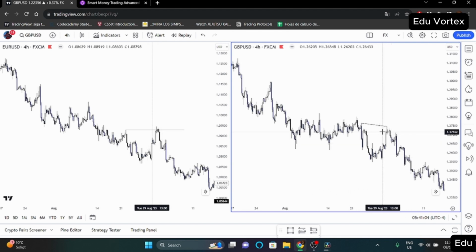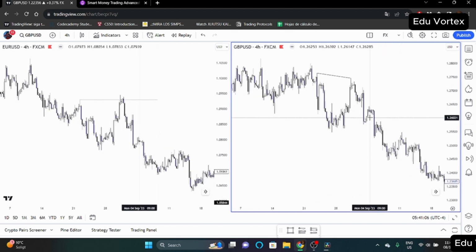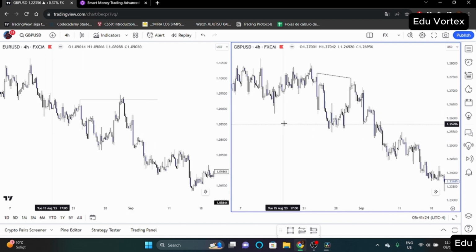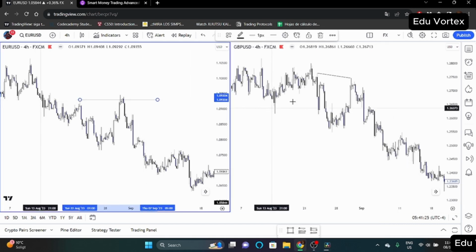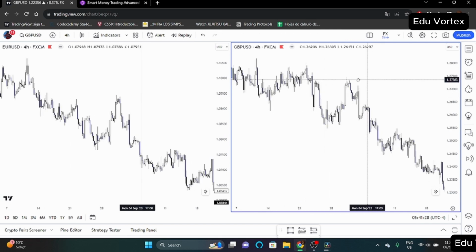Okay, so GBP is now our leading pair, and our sick pair is Euro. So we're looking for shorts on GBP. Once price trades through, we're looking for shorts here. Boom. Displacement, boom. Displacement, boom. You understand? Let's continue.